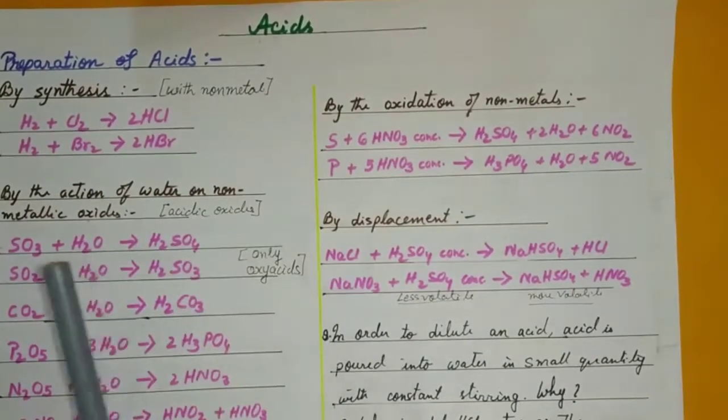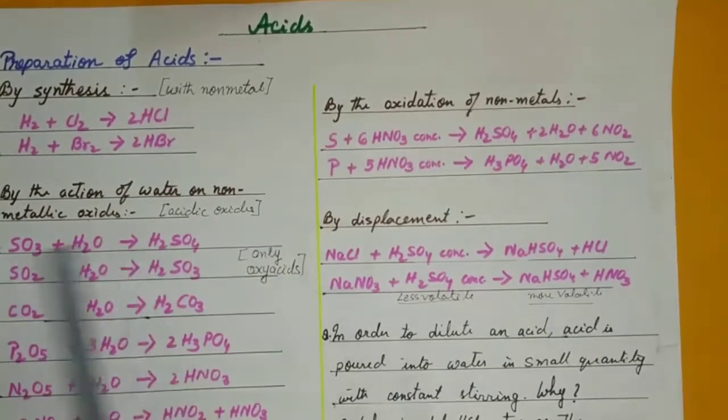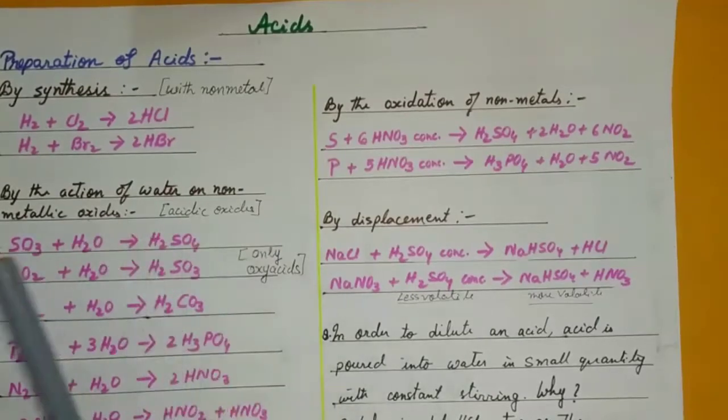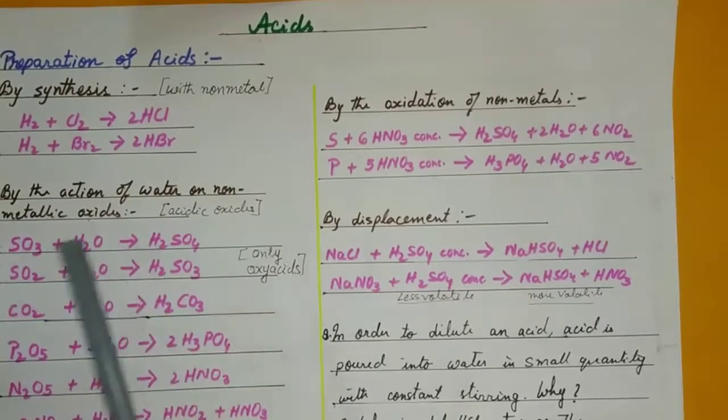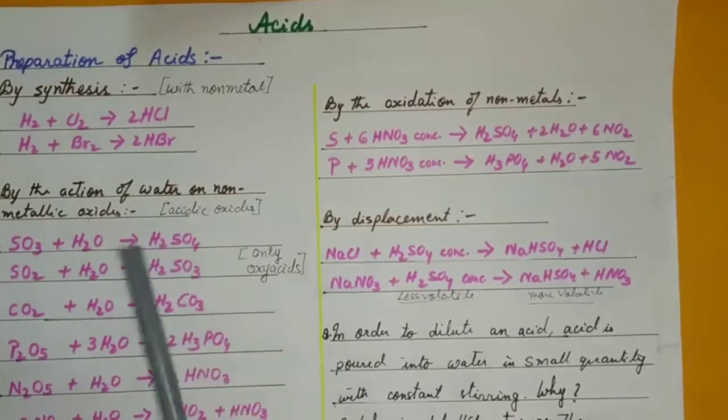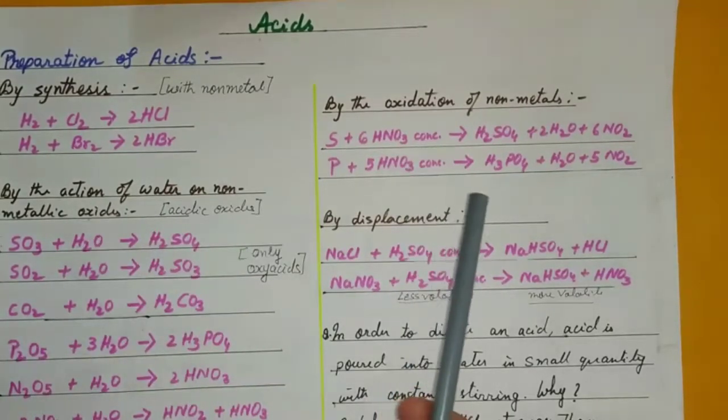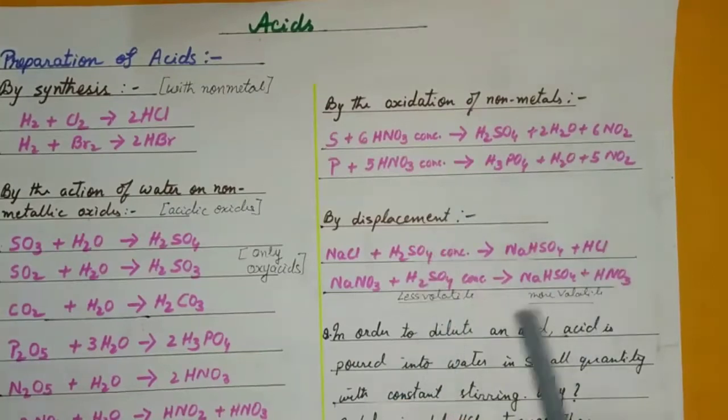And the reason that was told to you was also there, showing that these non-metallic oxides, known as acidic oxides, are so called because when they react with water, they result in producing an acid.